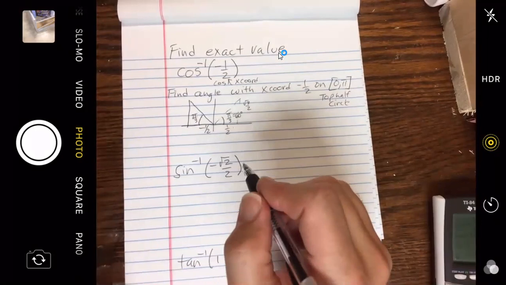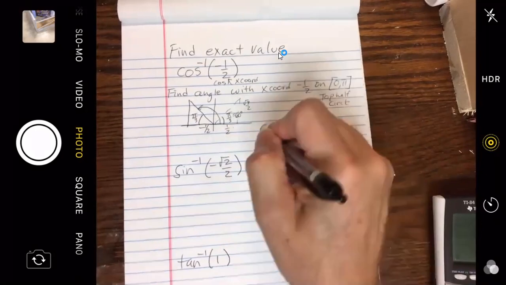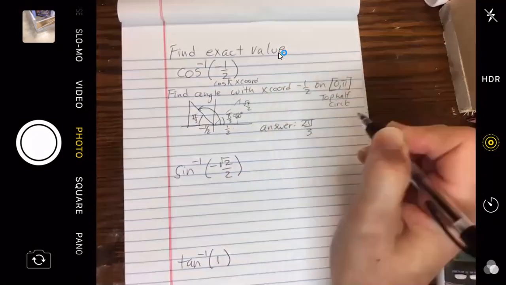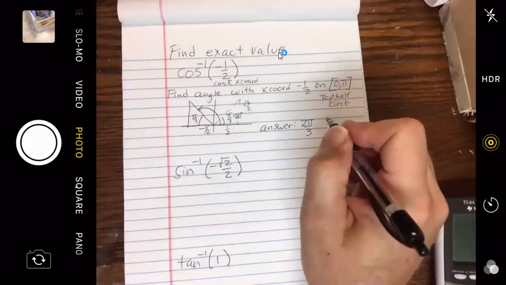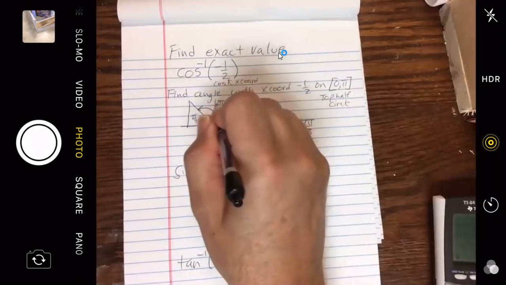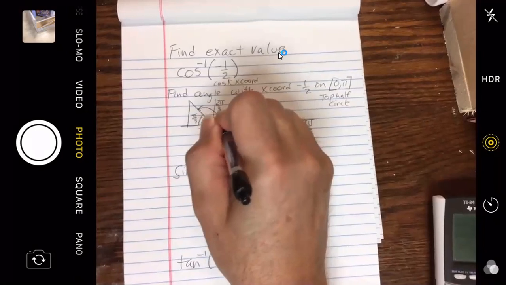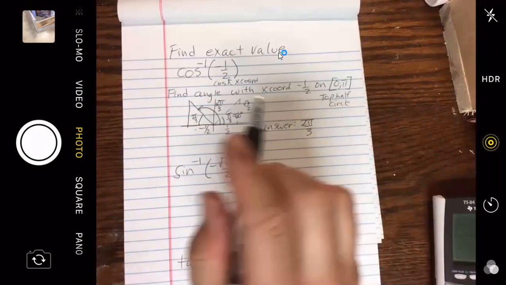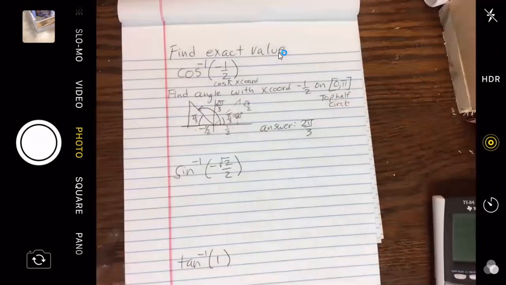Sorry. No problem. Your answer is going to be 2 pi over 3, because you're pi over 3 short of pi. You said it's because I'm pi over 3 short of pi.